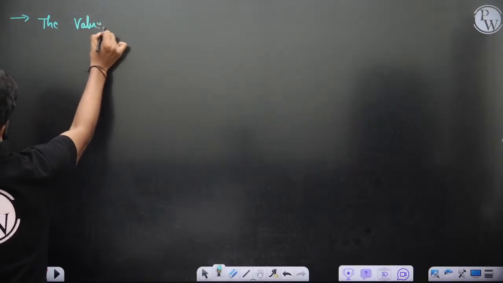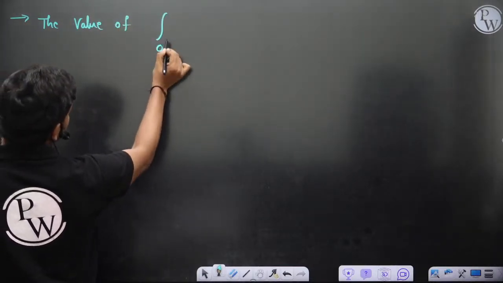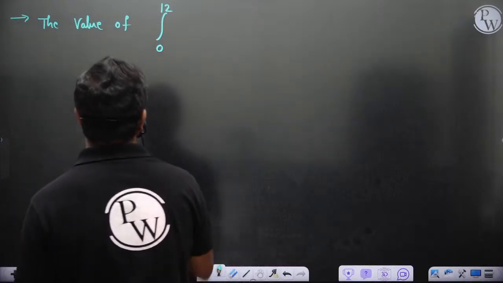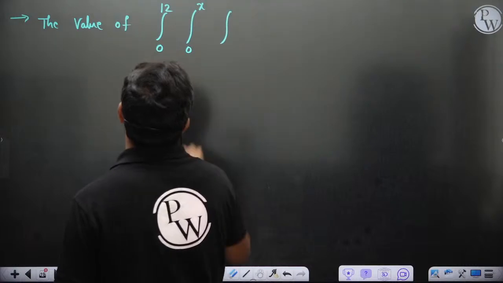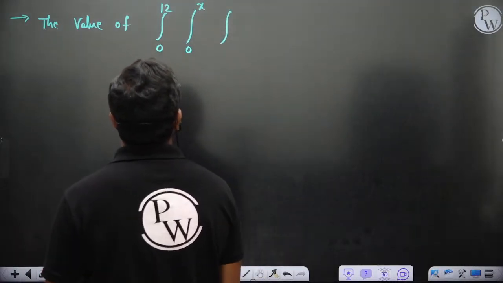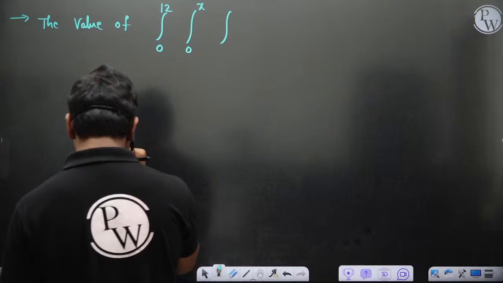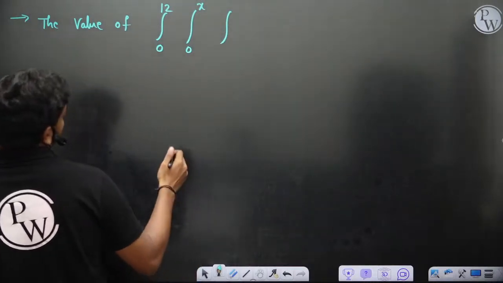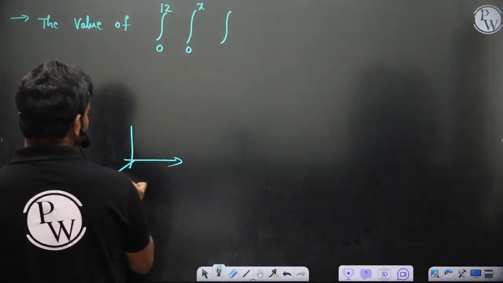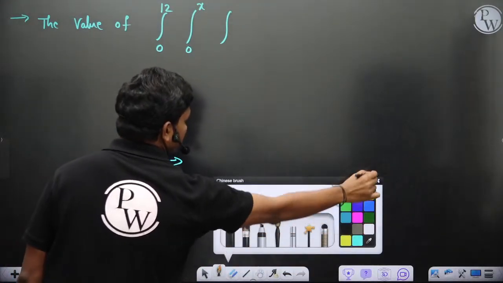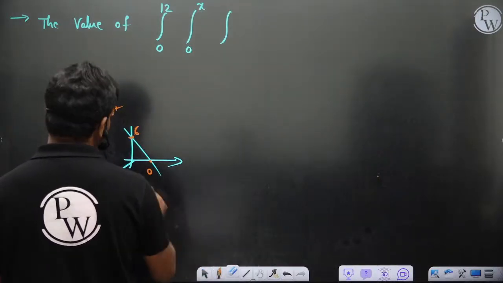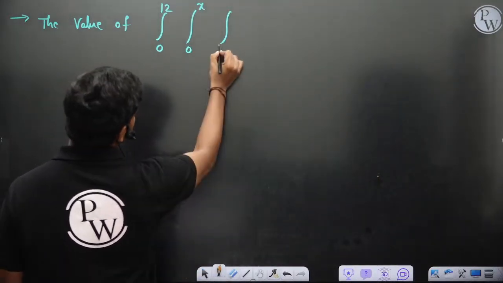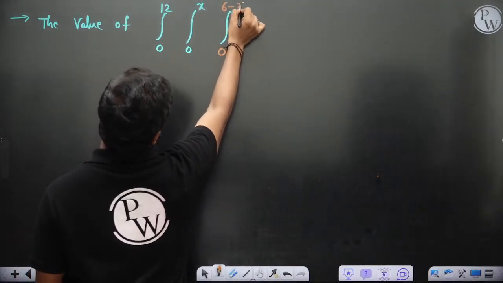The value of integral 0 to 12, integral 0 to x, integral 0 to... let's say if I define a plane like this, the height of the plane is 0 to 6 minus x minus y.